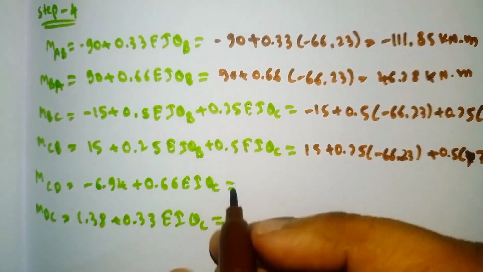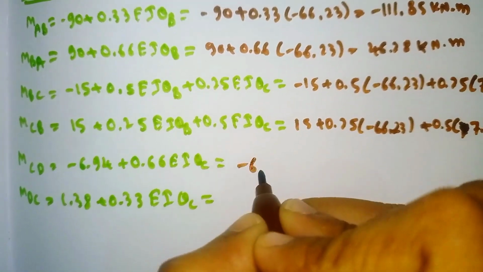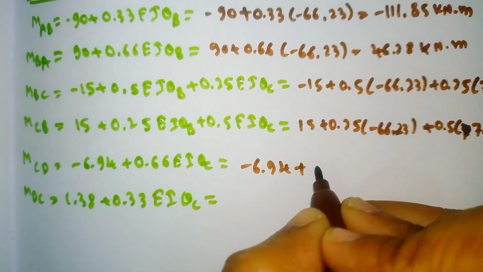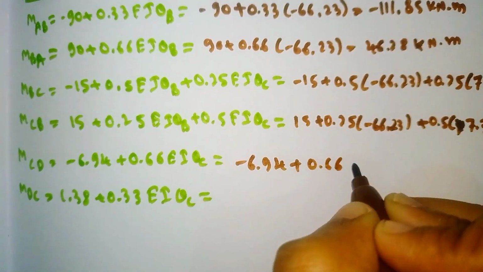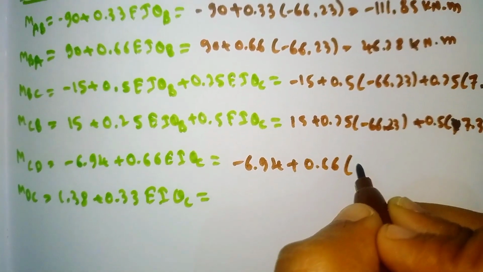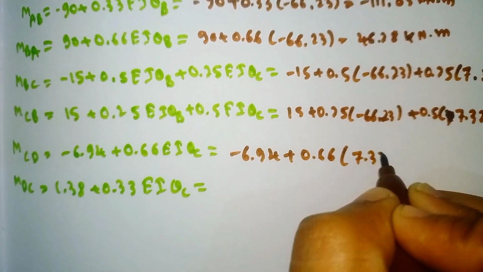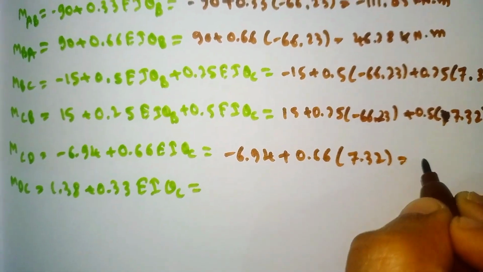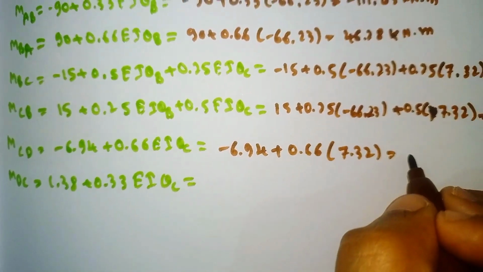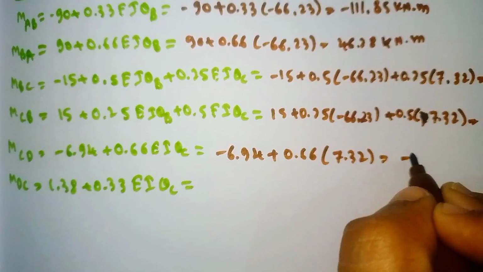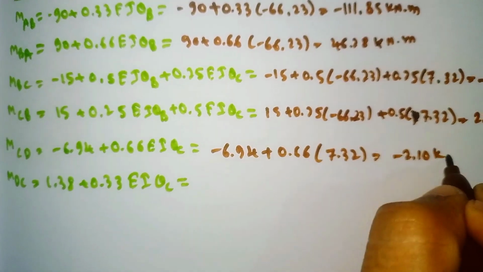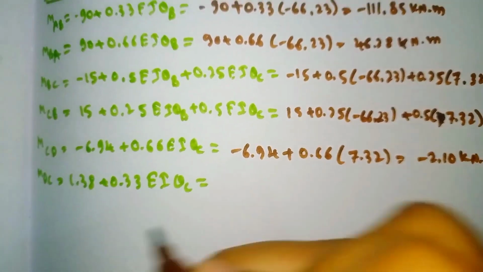For MCD, minus 6.94 plus 0.66 EI theta C, which is 7.32. It will come out as minus 2.10 kilonewton meter.